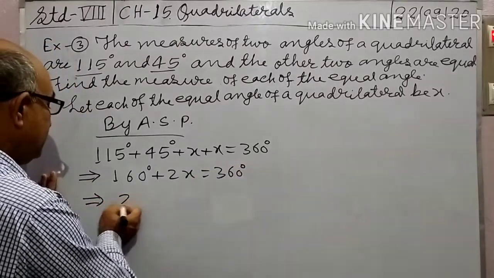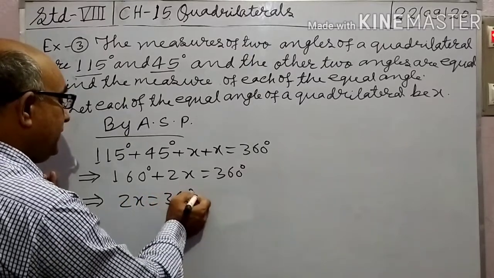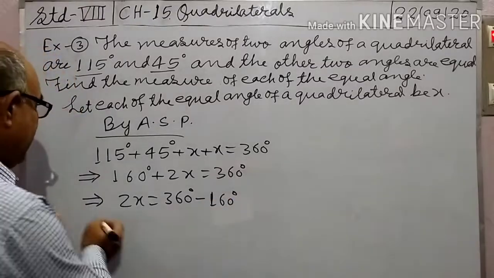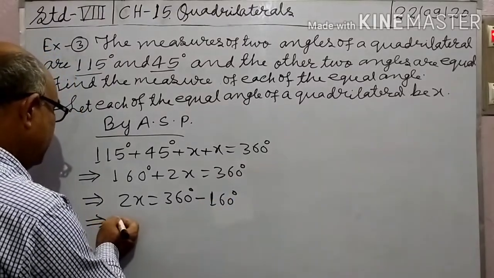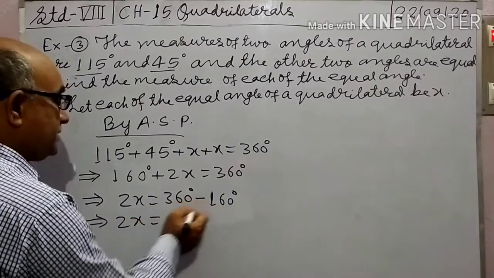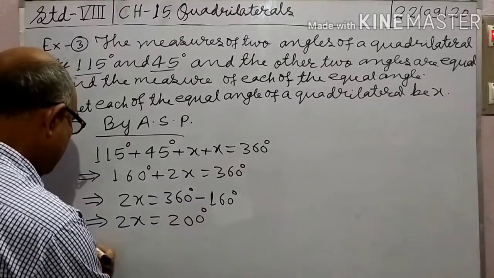That implies 2x equals 360 degrees minus 160 degrees, equals 200 degrees.